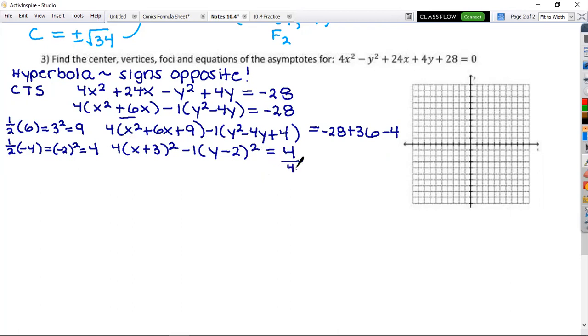So divide by 4, divide by 4, divide by 4. All right, so I am left with x plus 3 squared over 1 minus y minus 2 squared over 4 is equal to 1.